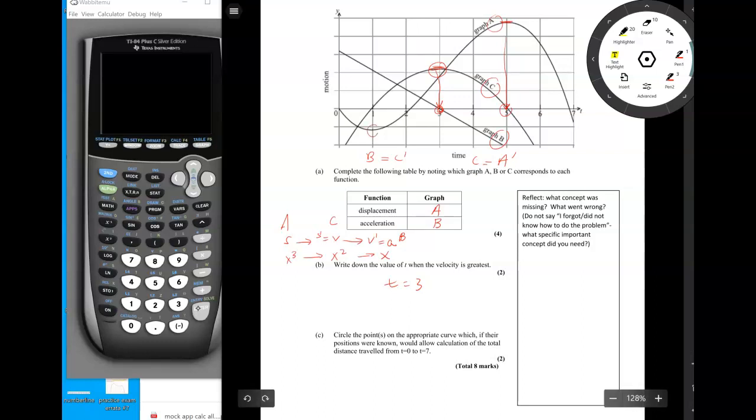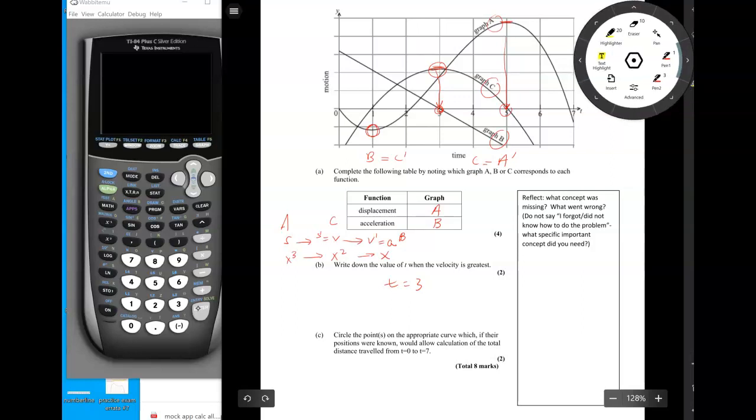So the direction changes here, and I'm going to do this in a different color. Okay, so the direction changes here, and the direction of displacement changes here too, right? So if you know where the displacement changes direction, that will tell you the points that you need the displacement for to calculate the total distance, right?